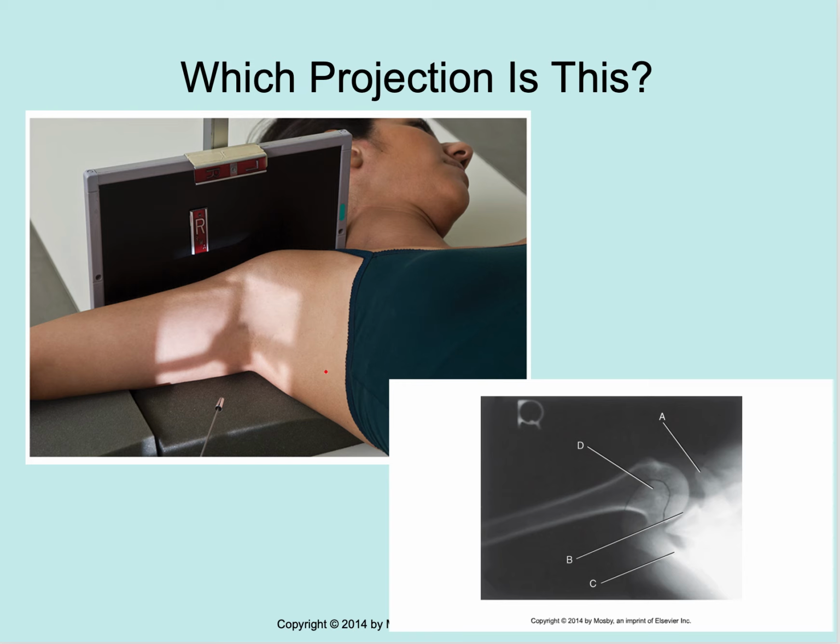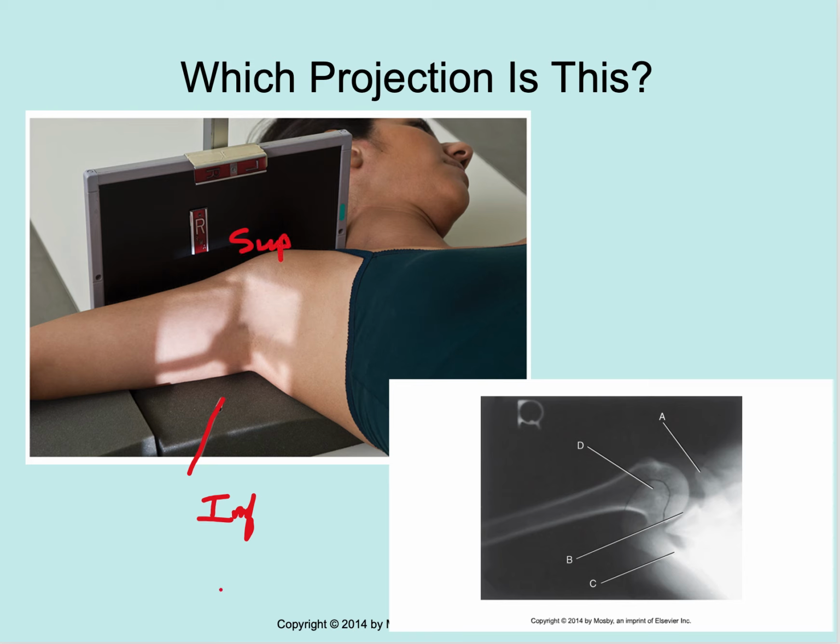Which projection is this? So first thing that we have to look at is, is our central ray angled or is it coming in perpendicular? So we can see that there is an angle here, right? So then is it entering the inferior portion first? So it is entering inferior, so it's in the armpit, inferior, and exiting up here, superior, right?